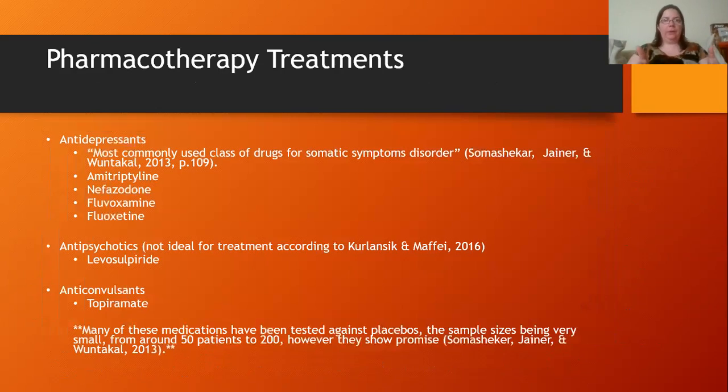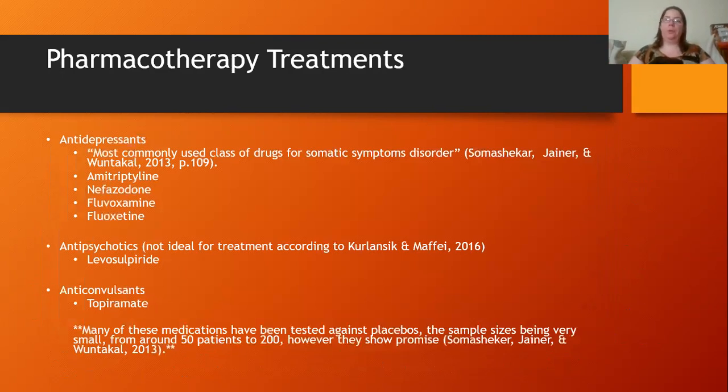This is a list of some of the more common pharmacotherapy treatments. Antidepressants are the most commonly used class of drugs for somatic symptom disorder. And some of the antidepressants that you'll come in contact with for clients experiencing this condition are amitriptyline, nefazodone, fluvoxamine, and fluoxetine.